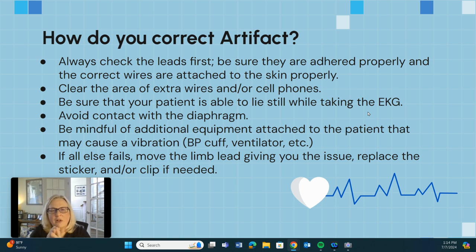So take the limb leads off their ankles and wrists, or lower arms and lower legs, and move them into the modified position, right underneath your clavicle and on the belly. That usually relieves any type of artifact, especially muscular artifact, if they can't keep one of their limbs still at all. Hopefully that made sense to you.